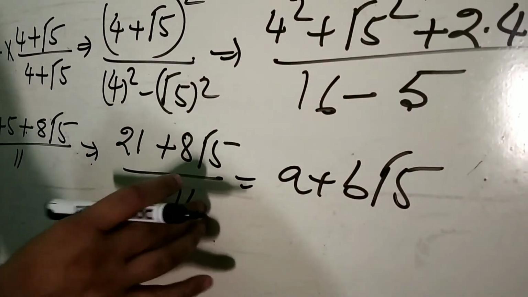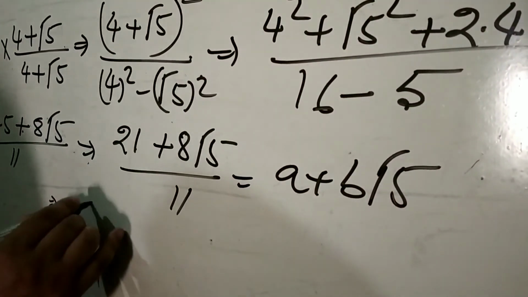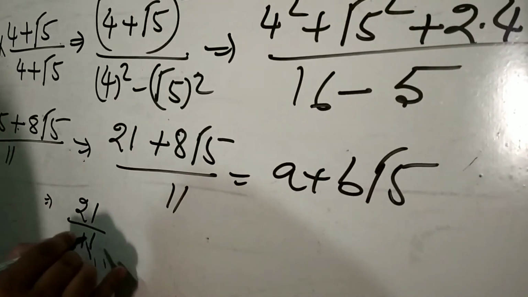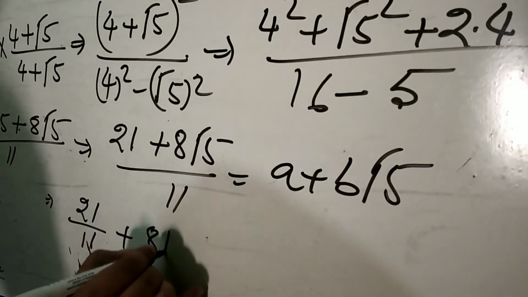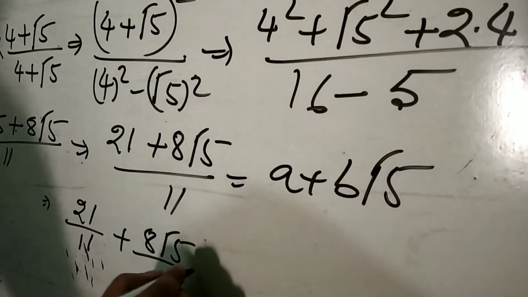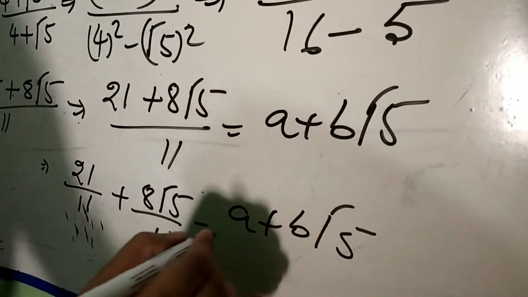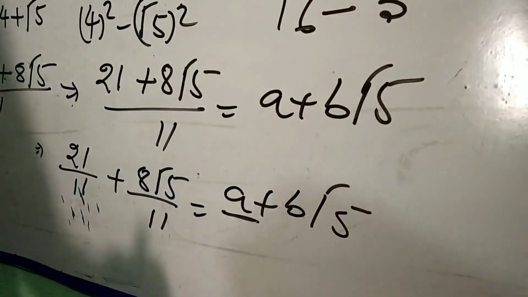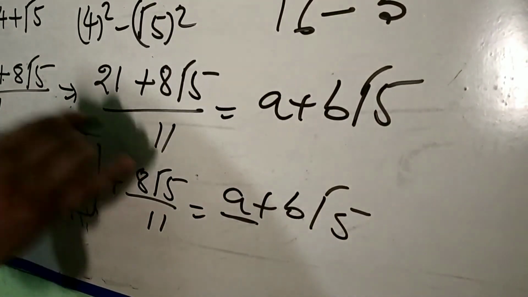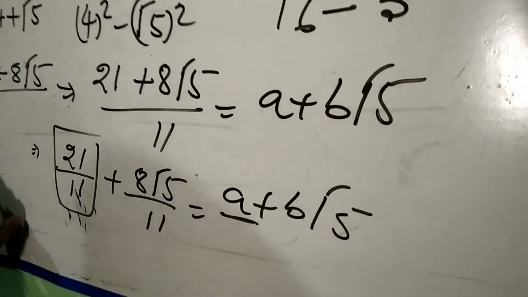Since it is a common denominator 11, it could be written as 21 upon 11 plus 8 root 5 upon 11 is equal to a plus b root 5. So before the plus here it is a, and before the plus here it is 21 upon 11.